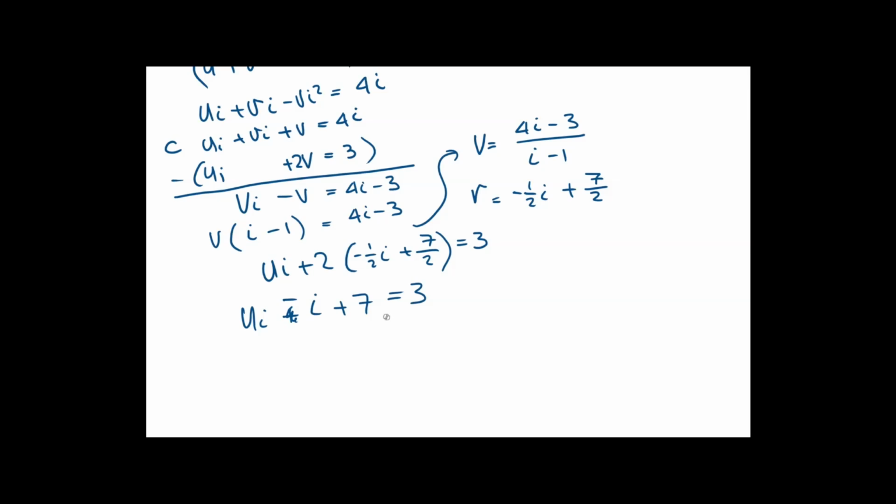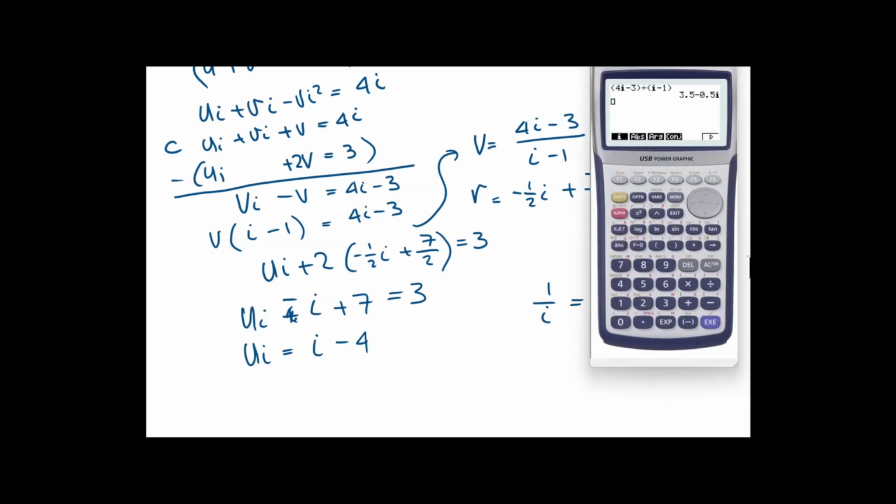So, nearly there. Ui, let's bring this i over. It's going to be equal to i minus 4. So now we have this i. 1 over i is equivalent to negative i. So 1 divided by i equals negative i.